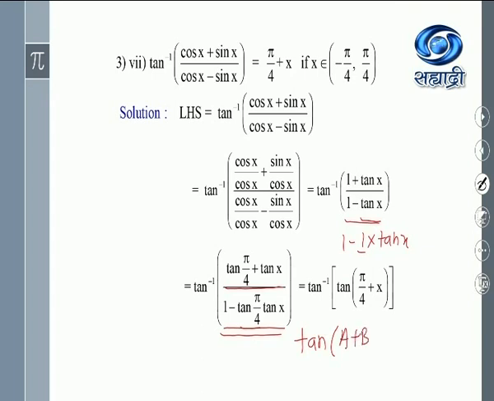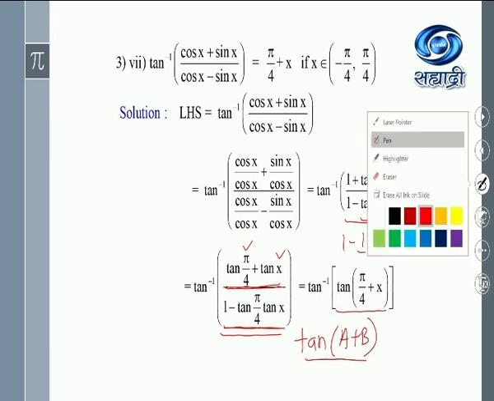You know this formula, the addition formula. Tan A plus tan B upon 1 minus tan A into tan B is tan of A plus B. What is A? A is pi by 4 and B is x. Therefore, the bracket is tan of pi by 4 plus x.